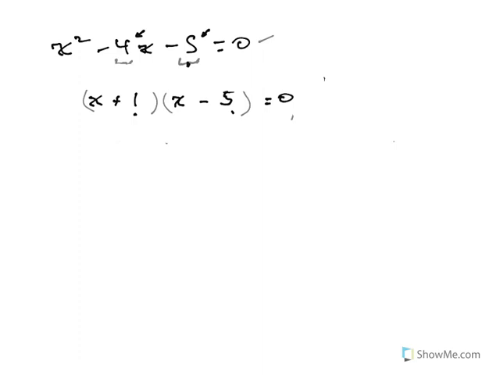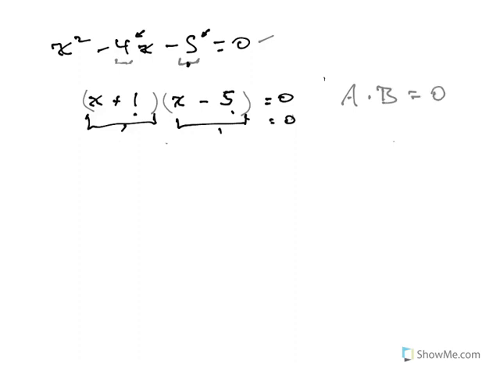What we have to do now is use these two terms and say, okay, if this term times this term is equal to 0, then what must this term be and this term be? Here's how we can think about it. This is a very nice way of thinking about things like this. Forget x plus 1 and x minus 5. Just pretend I have a times b is equal to 0.